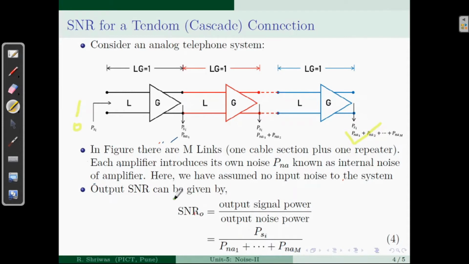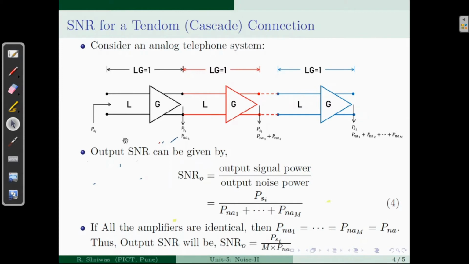So the signal to noise ratio at the output is going to be the ratio of output signal power to output noise power. We get this expression: PSI upon PNA1 plus PNA2 up to PNAM.